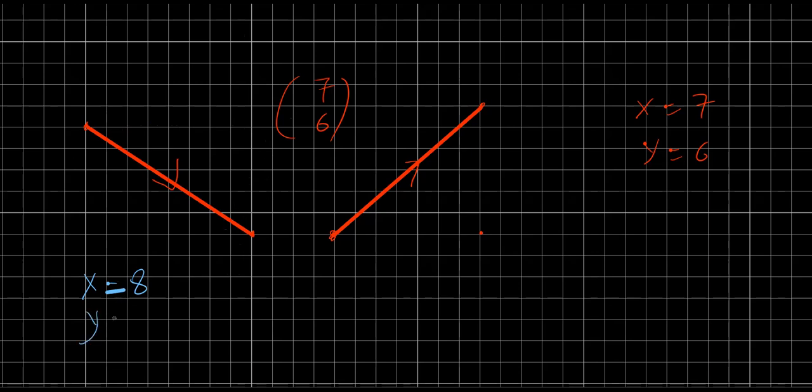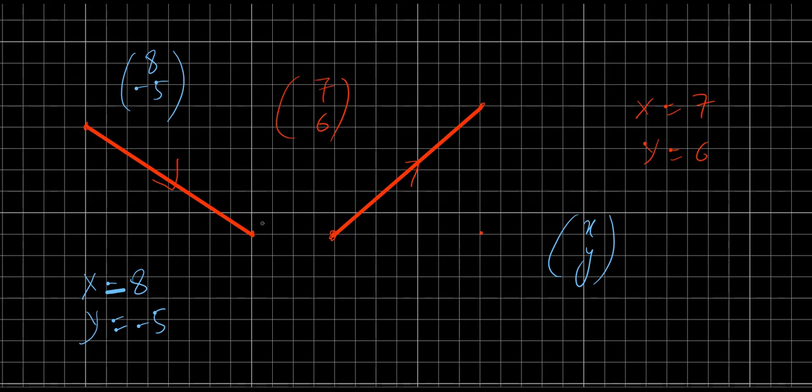But you are moving down, so y will be negative 5. It means the column vector, which we always write in this form, x y. So it will be 8, minus 5. Not 8 and 5, 8 and minus 5.